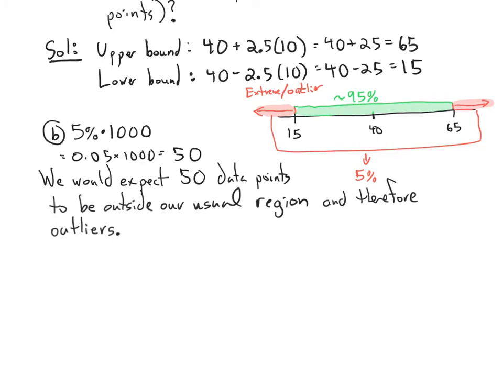And we'll talk a little bit more about these extreme or outlier points a little bit later in the course. But that's a nice result that we have with this mean absolute deviation. If we go 2.5 MADs from the mean, around 95% of our data will be in that region.